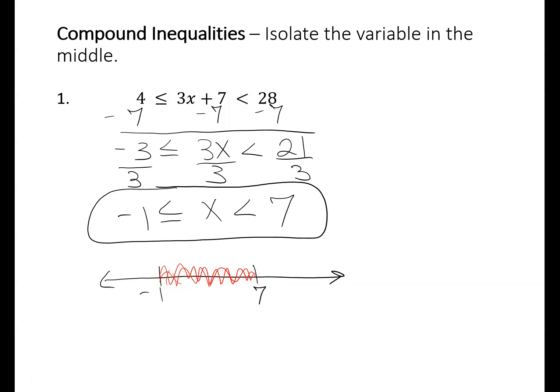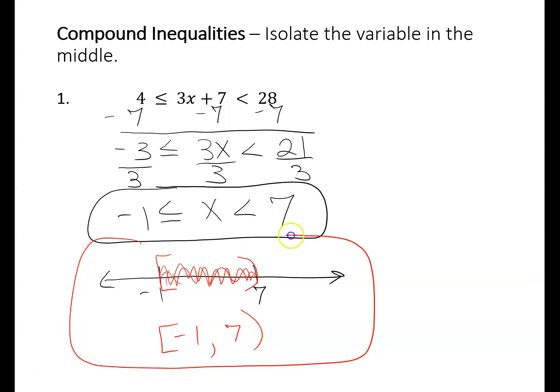The equal to bar is next to the negative 1, so we want to include the negative 1. The 7 does not have an equal to bar, so parentheses, we're not including the 7. Same notation on your interval. So that is all part of our answer as well.